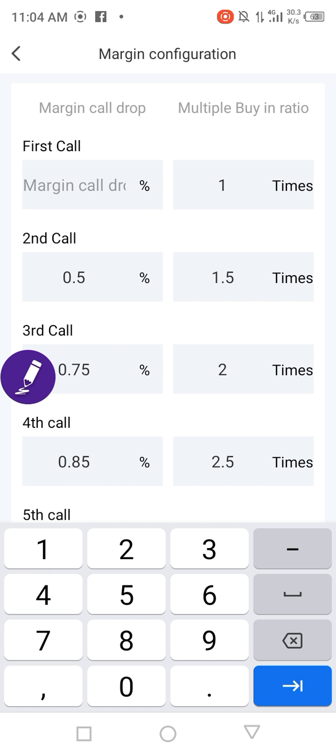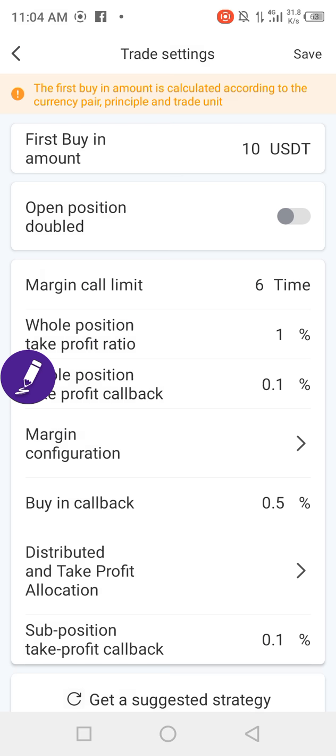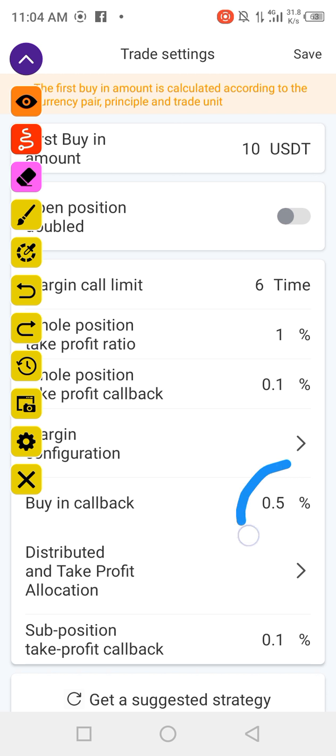So you can tell the system if this coin drops, let's say 0.6 or 0.8 or 0.5 or 0.2, whatever. Let's say 0.6. I'm taking 0.6 because I set this one as 0.5. The drop in the margin configuration should not be lower than what you set as call back.